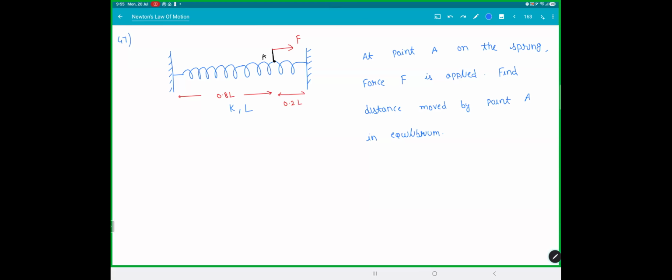You cannot use F equal to kx directly here because the whole spring is not identical anymore. You have messed it up. By pulling it in the middle, you made one part of the spring compress and the other elongate. So what do we do?